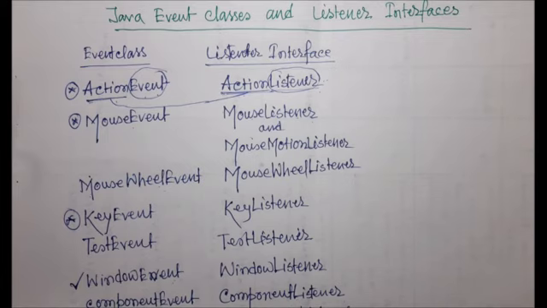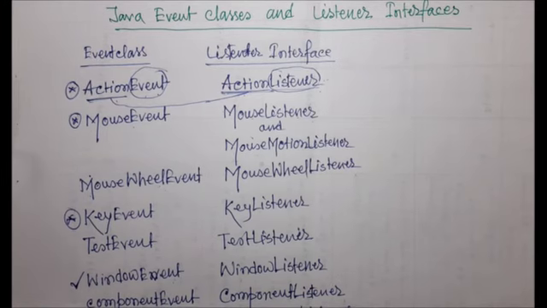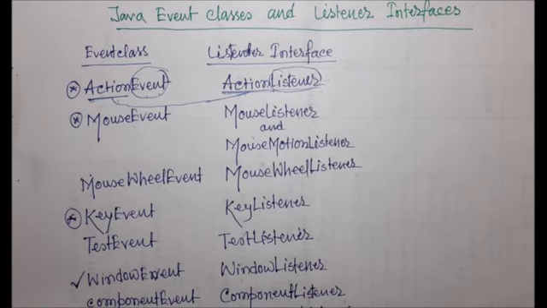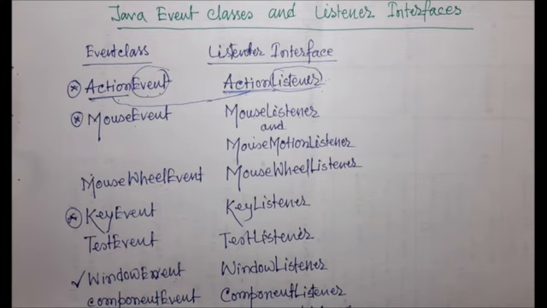Container event, container listener. Focus event, focus listener. I have mentioned it earlier: if I want to get focus on some component, or lose focus on some component, we use the focus event. That is also important.